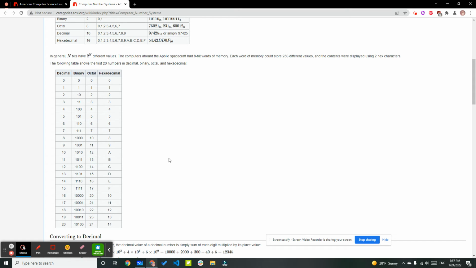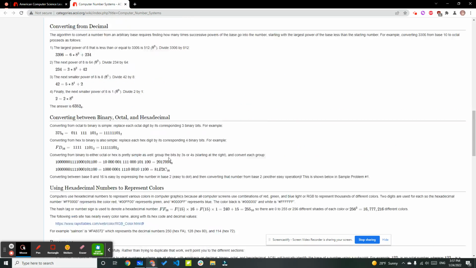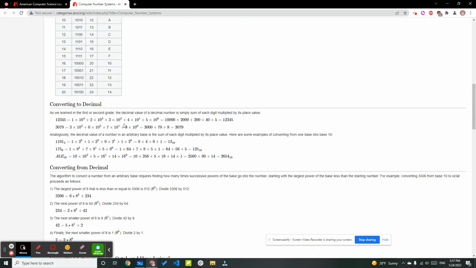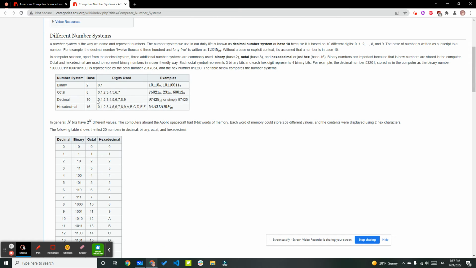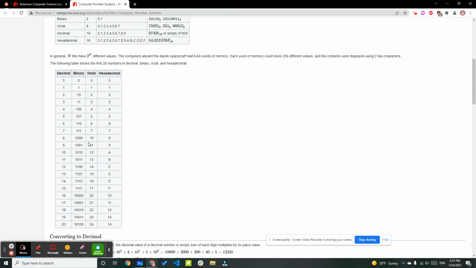Octal is a bit harder. Counting up in octal, you use the digits 0, 1, 2, 3, 4, 5, 6, and 7. You do not use 8 or 9.